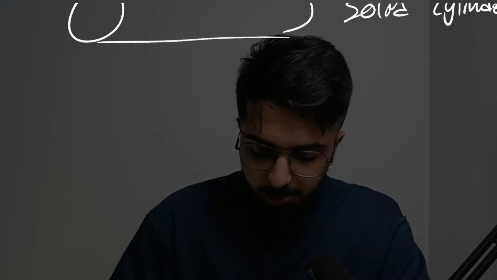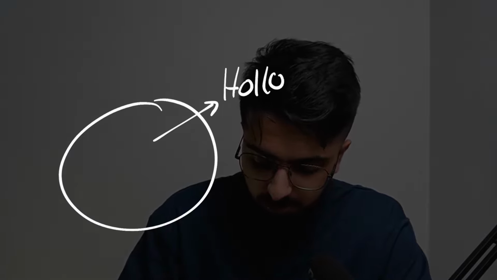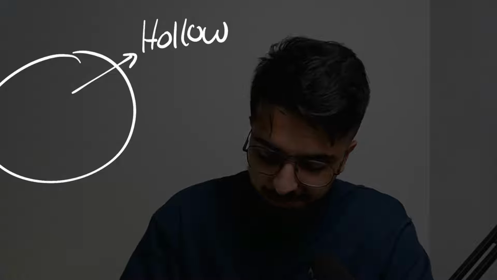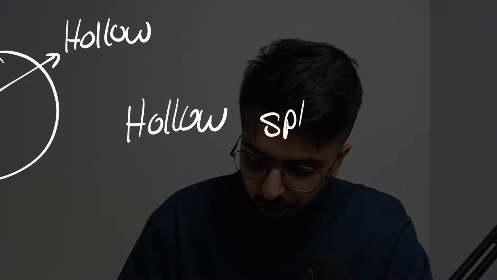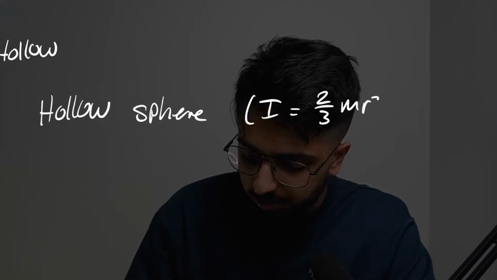Okay? Right, another one where we have a hollow sphere. Now, you can't really draw a hollow sphere, so let's just say this is hollow. Okay, just trust me. That's a hollow sphere, like so, okay? And this has a rotational inertia of 2/3 mr squared, okay?